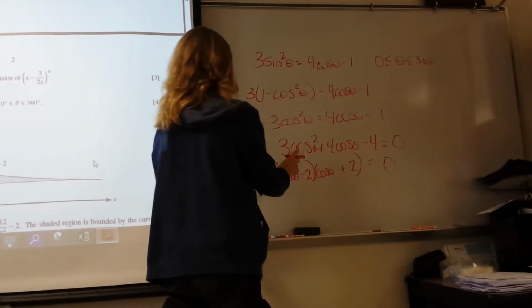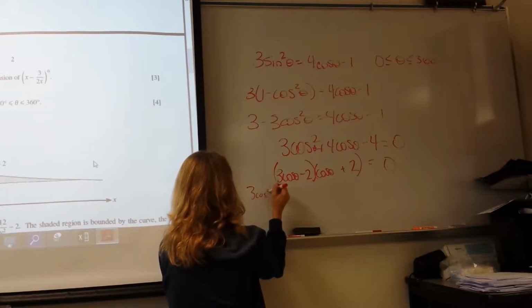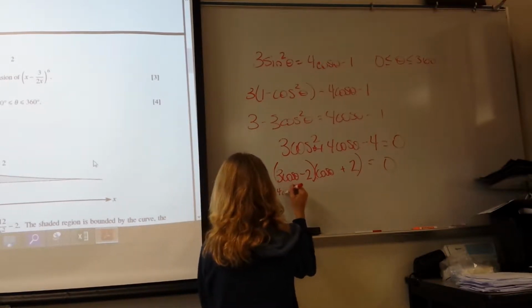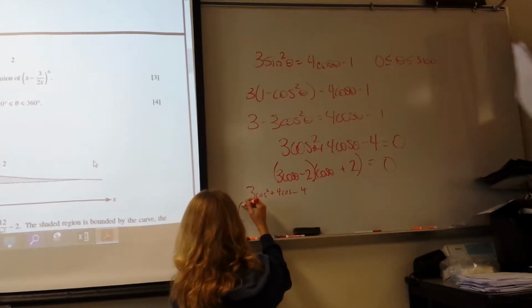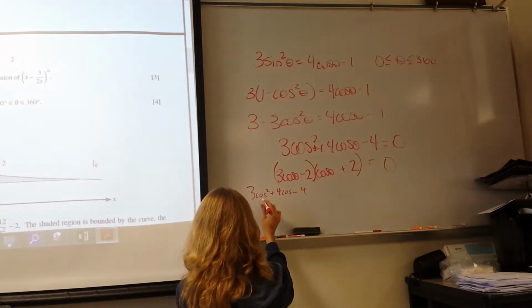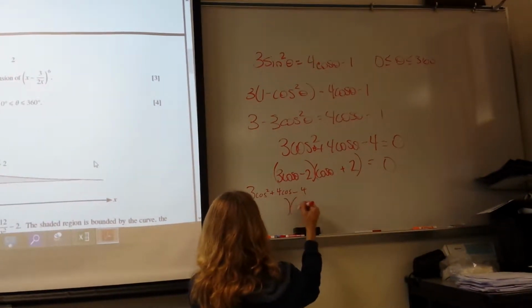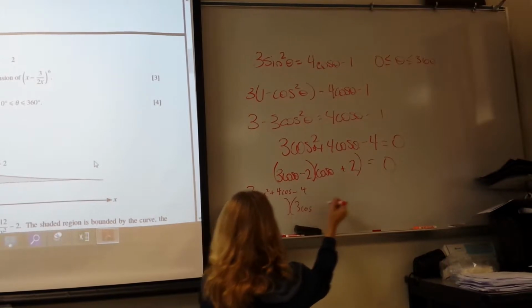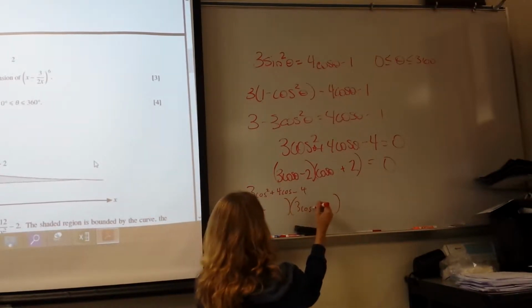If you have 3 cosine squared plus 4 cosine minus 4, you start the parentheses and place whatever's in front of the squared thing, the number, both times. Then you look at the signs: one's got to be plus, one's got to be minus.